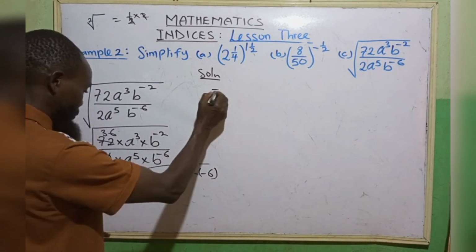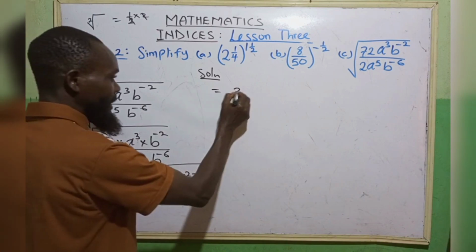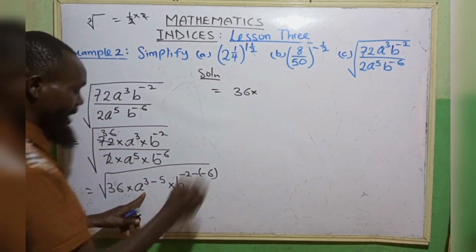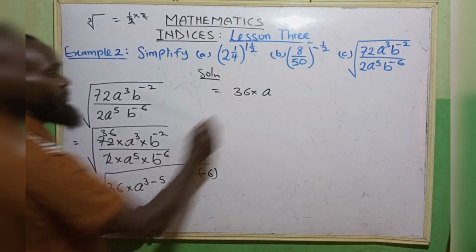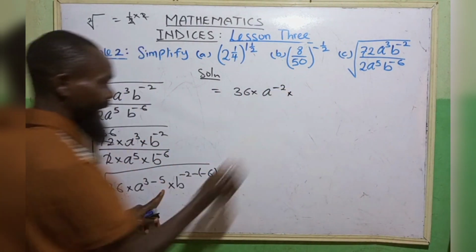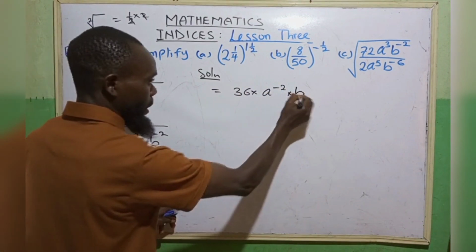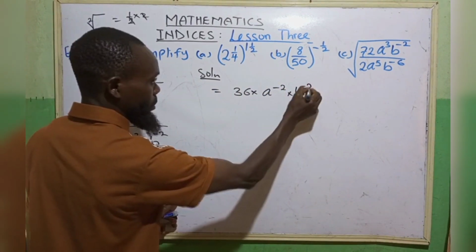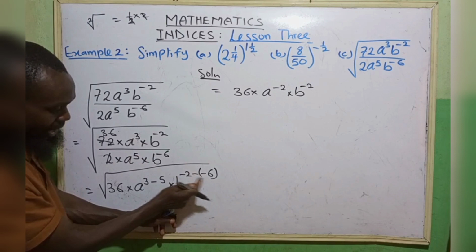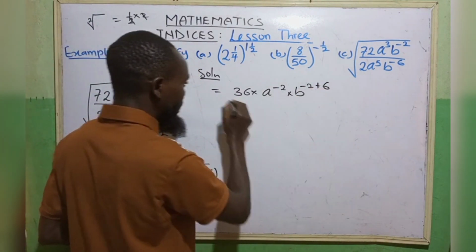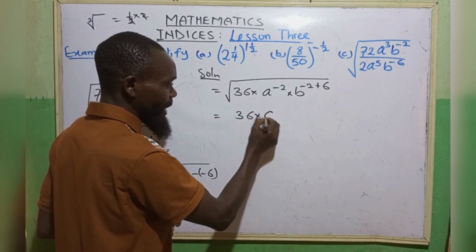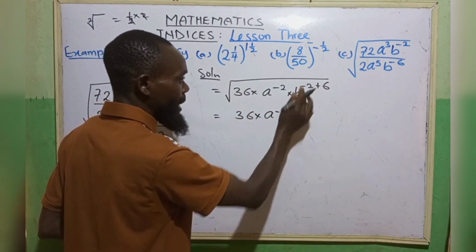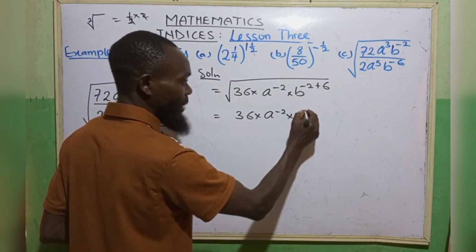So we are going to have 36 multiplied by a, 3 minus 5, we have minus 2, times b raised to power minus 2. Plus, minus times minus, we have plus 6. Put your square roots. So we have 36 times a raised to power minus 2 times b raised to power minus 2 plus 6, we have 4.